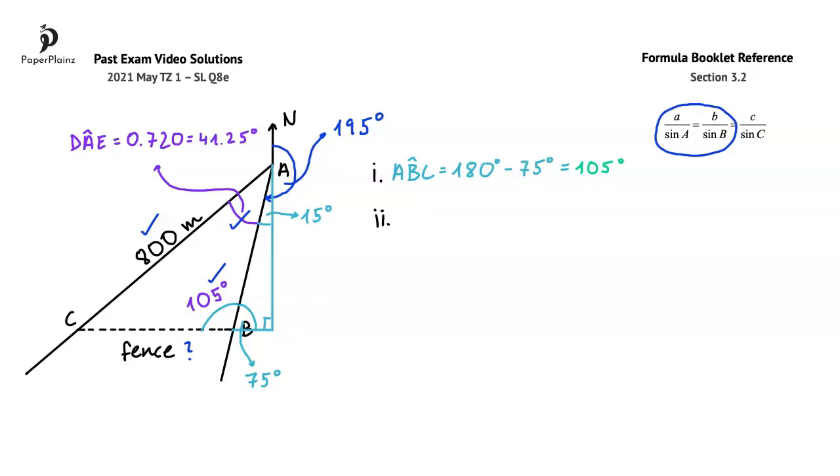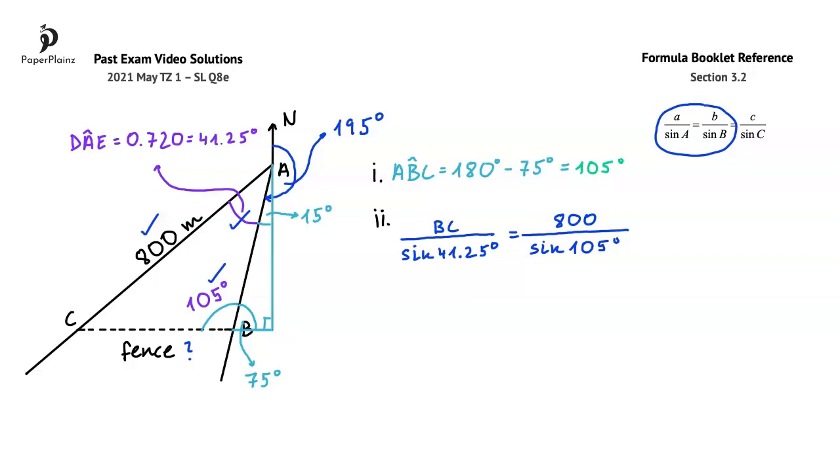Let's substitute. Side A is the fence, which I will label as BC. This is divided by the sine of the opposite angle, so sine 41.25. On the right-hand side, B is 800 meters, and this is divided by sine 105 degrees.